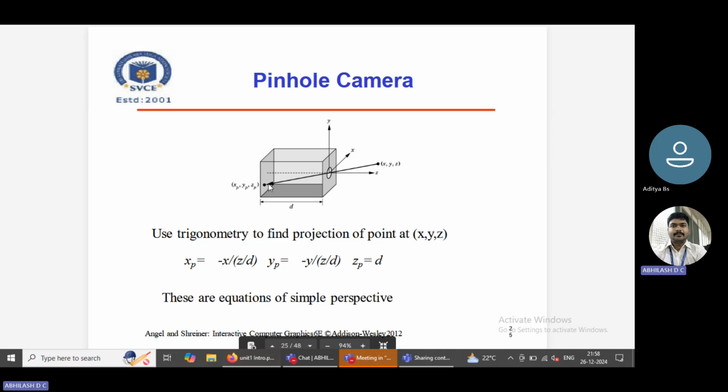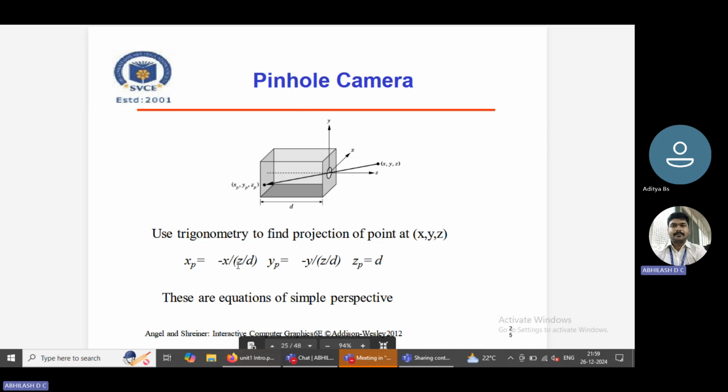Now the image will be reversed, and it falls on the cardboard at the coordinates xp, yp, and zp. By using some trigonometry, we find the projection of the point xyz. In order to do that, we have to calculate xp, yp, and zp. So xp can be calculated as we are going towards the negative side, so x will become minus x.